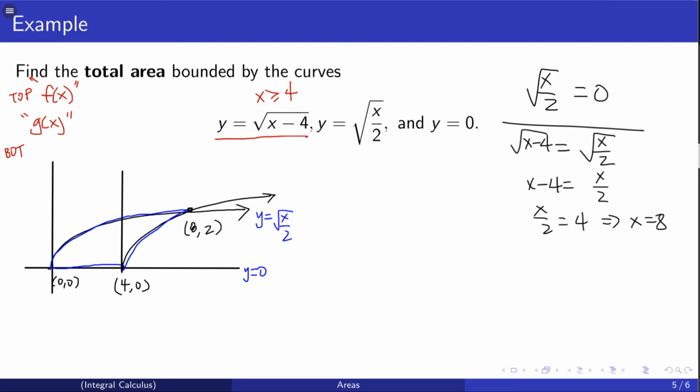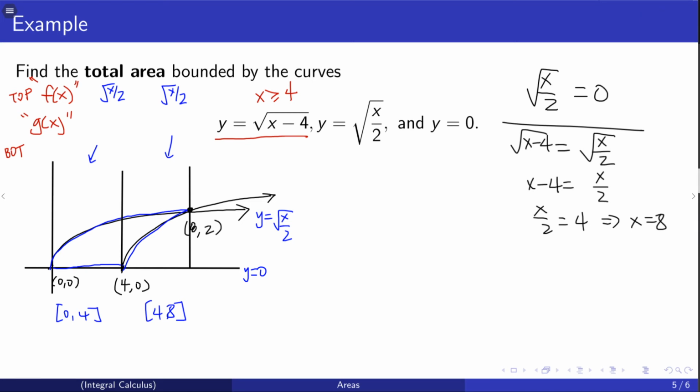Right? So your f of x is still root x over 2 in both these intervals from 0 to 4 and from 4 to 8. But now look at the bottom function.